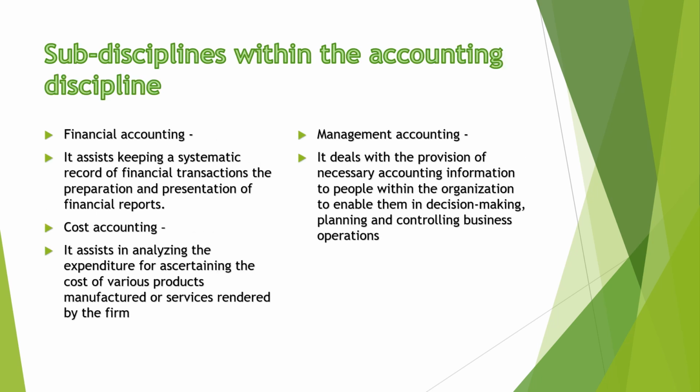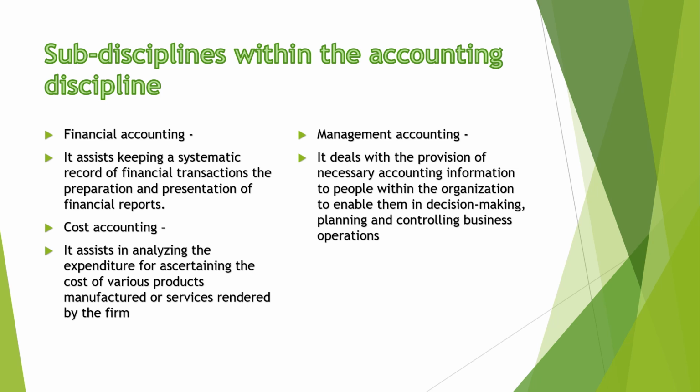Another very important topic is financial accounting, management accounting and cost accounting. My dear friends, these are three sub-disciplines of accounting. When the business volume becomes very high, in a big organization where millions of transactions are happening, we cannot record all the transactions in a single book.